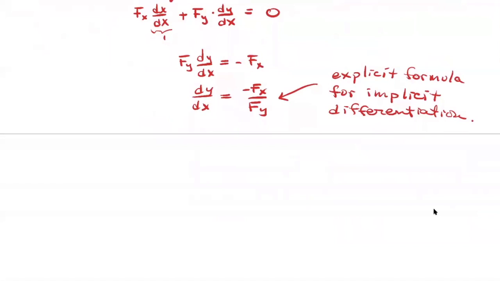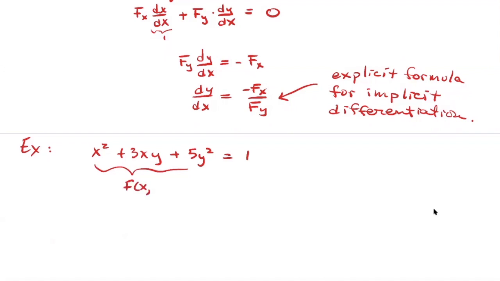Okay, so little example here. You've got x squared plus 3xy plus 5y squared equals 1. You don't want to solve that for y. Of course, you could do implicit differentiation the old way, but who wants to do that? We're going to call this big thing f of xy.